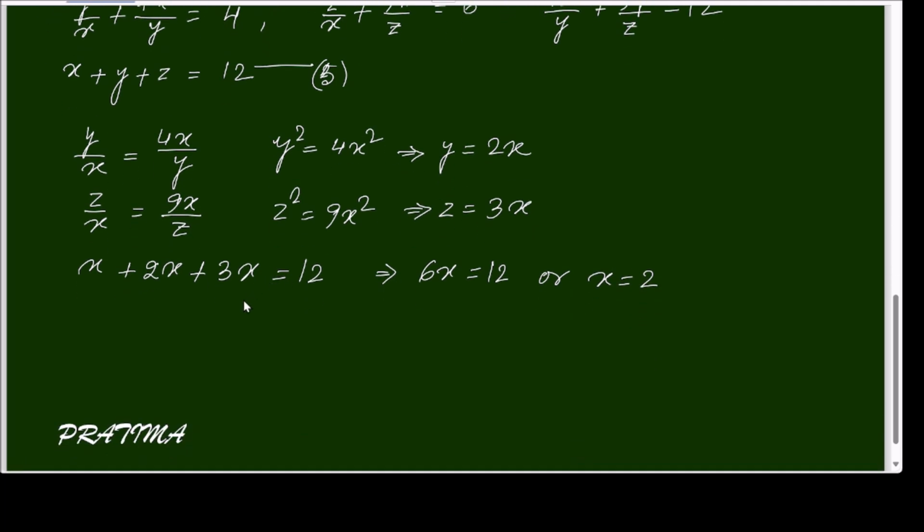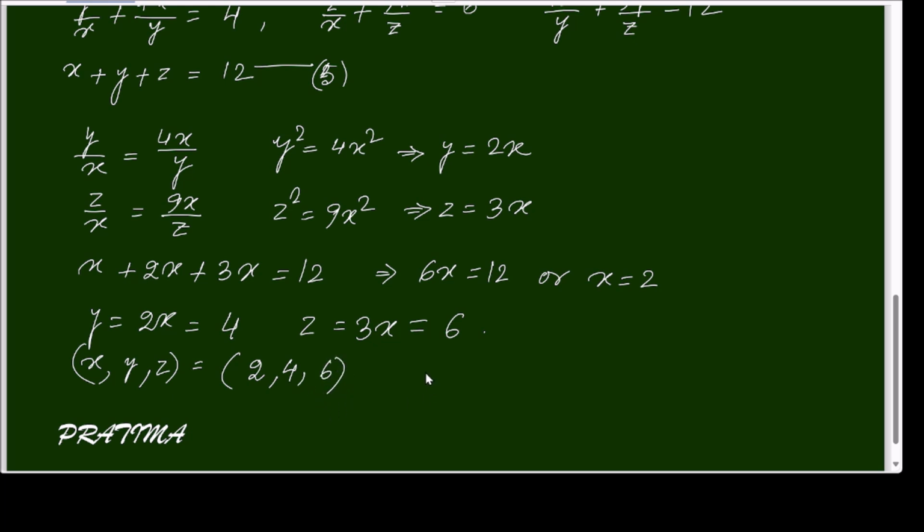When x is equal to 2, y equals twice x, that will be 4. And z equals 3 times x, so that will be 6. So the x, y, z triplet is 2, 4, 6. So this is the solution.